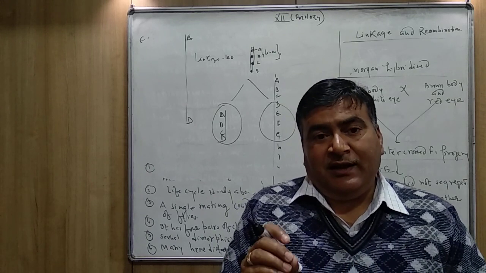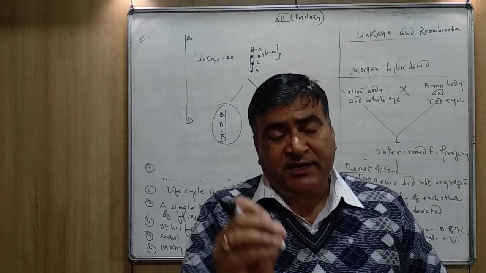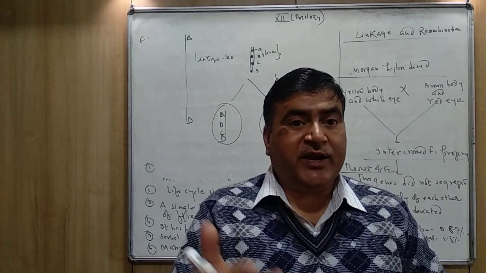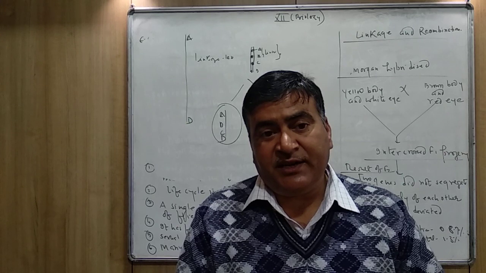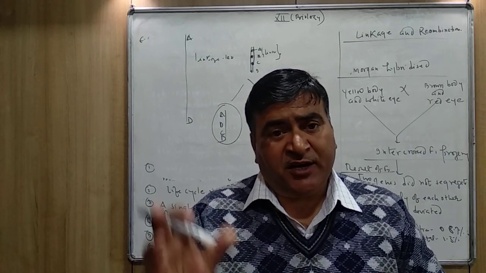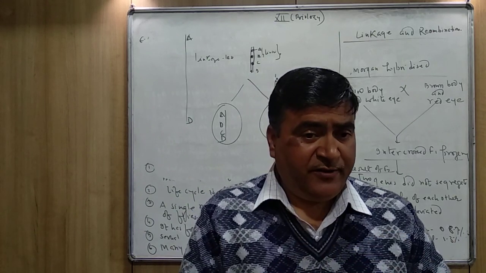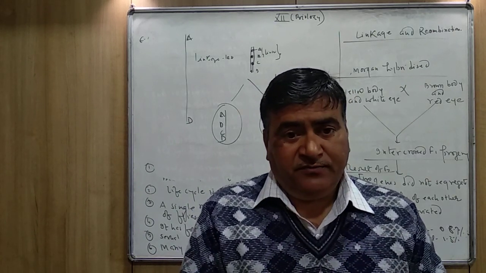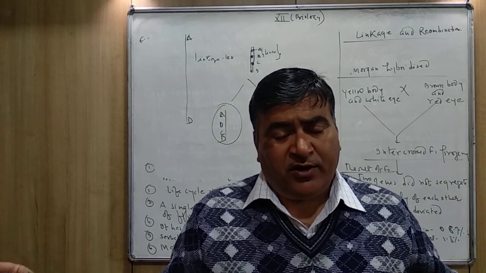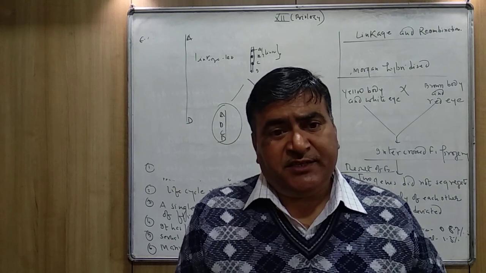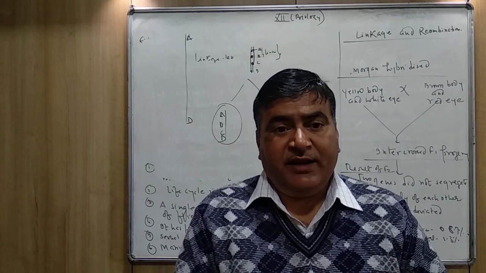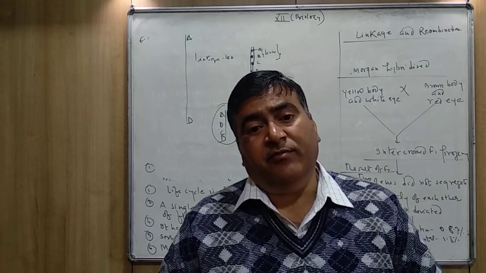So overall, linkage is the tendency of the linked genes to inherit together during gamete formation. Linkage is stronger if the genes are located very close, and if the genes are located so far or the distance is too much in between the two genes, the linkage will be less and the recombination will be more.